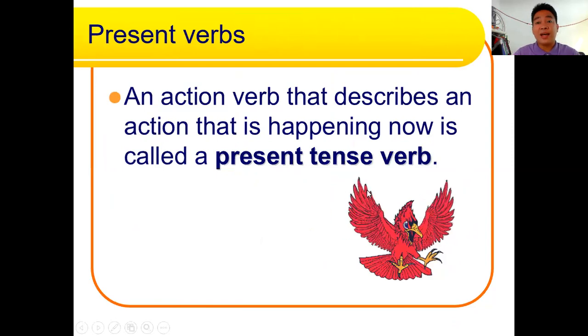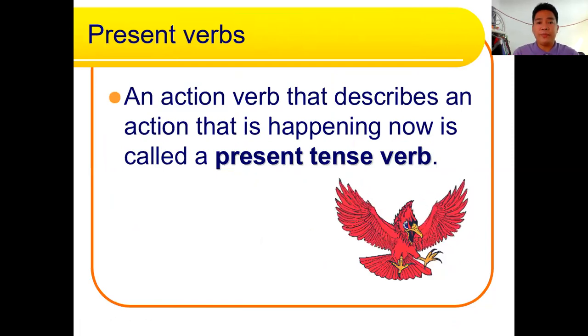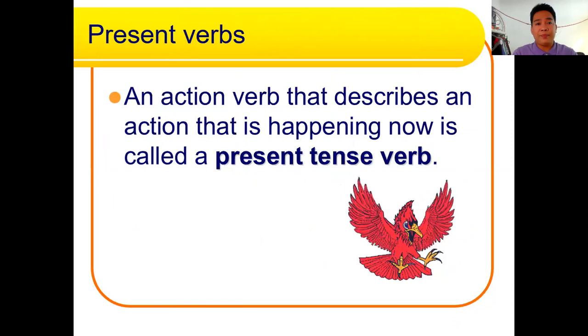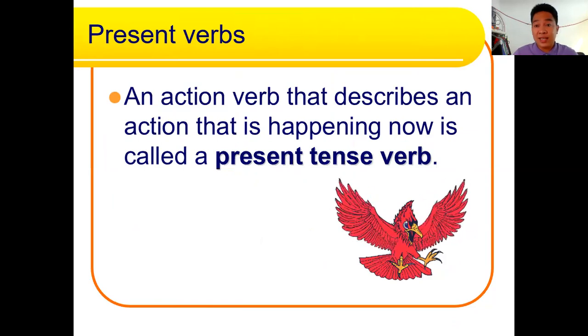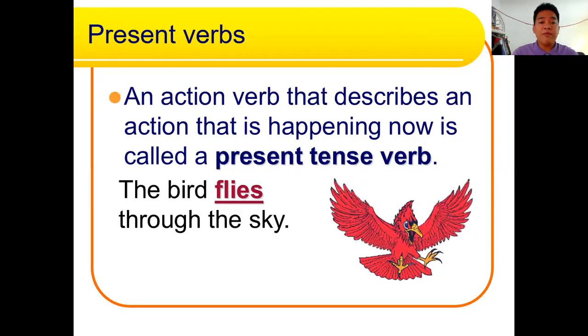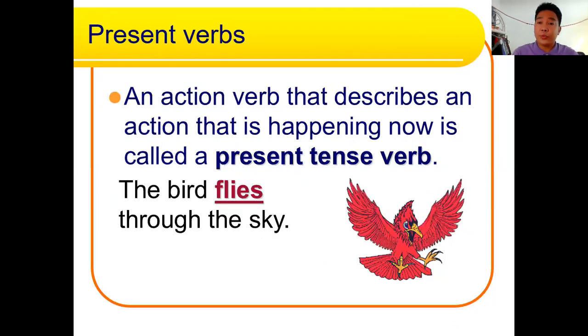So we have the tenses of the verb. We all know that we have the present verbs, the action verbs that describe an action that is happening now. It is called a present tense verb. The action is really happening now. For example, the bird flies through the sky.